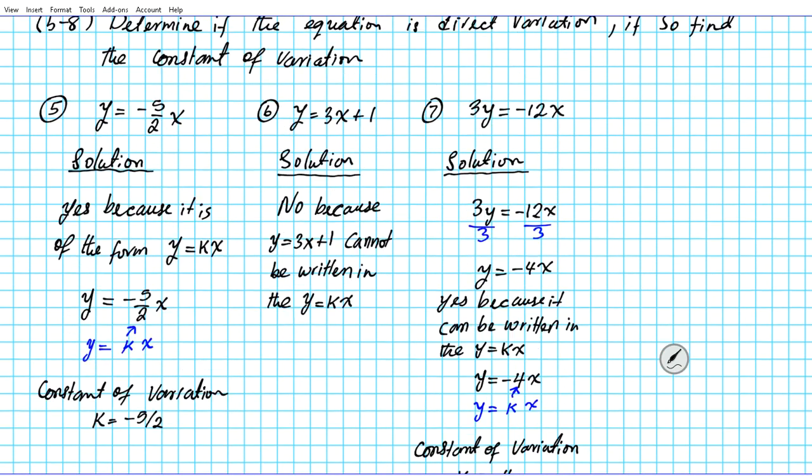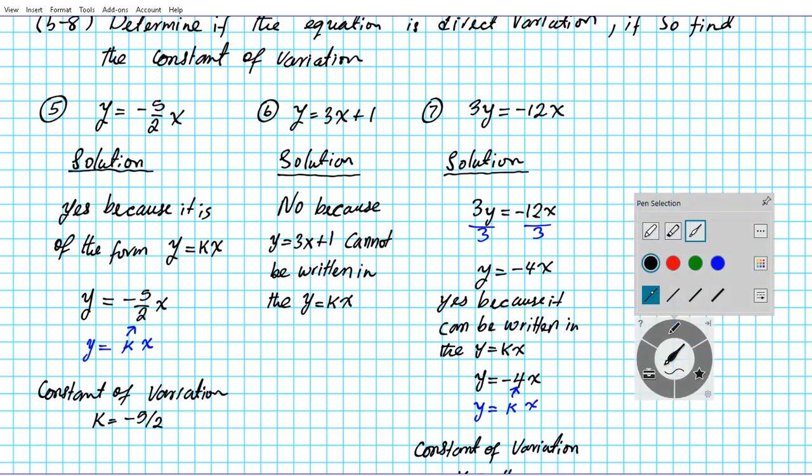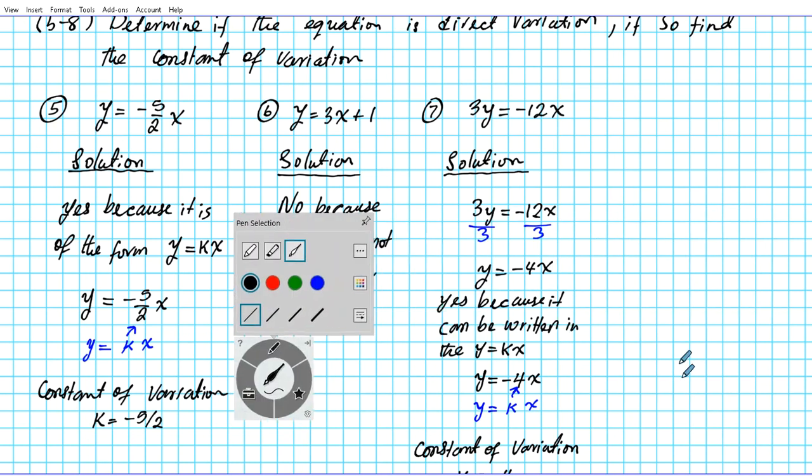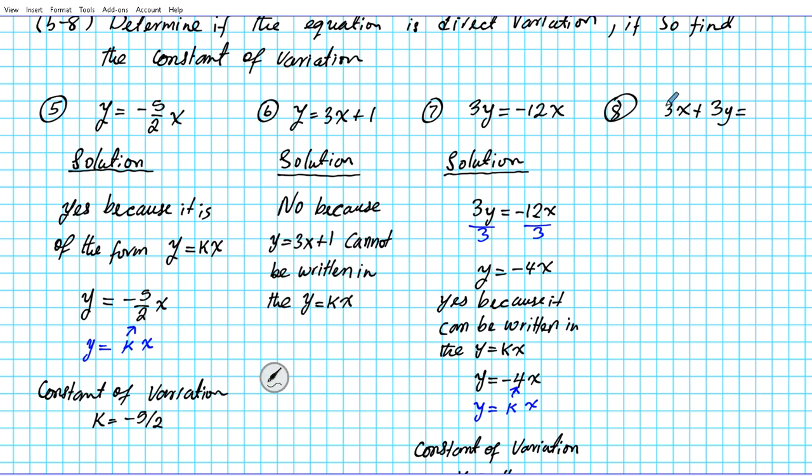Okay, moving along. Let's take a look at question 8. What if we have 3x plus 3y equals 15?